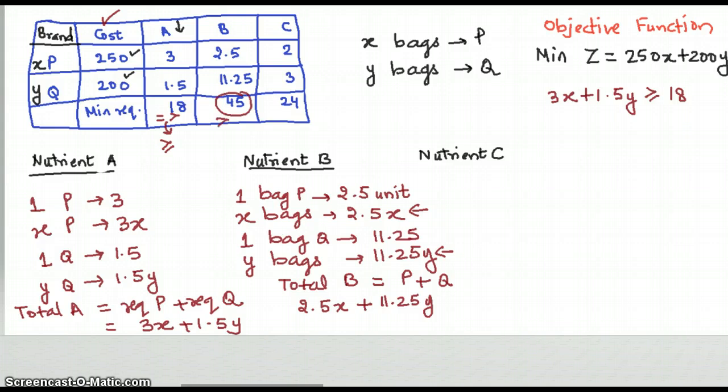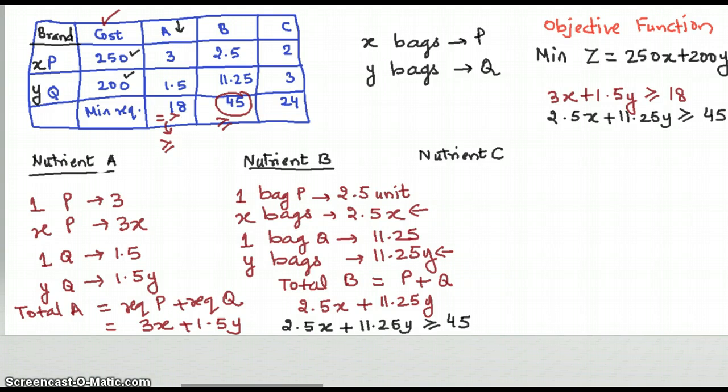Since again it's a minimum, it should be greater than or equal to. So our constraint becomes 2.5x plus 11.25y greater than or equal to 45. Let's write it over here. So the second constraint is 2.5x plus 11.25y greater than or equal to 45.